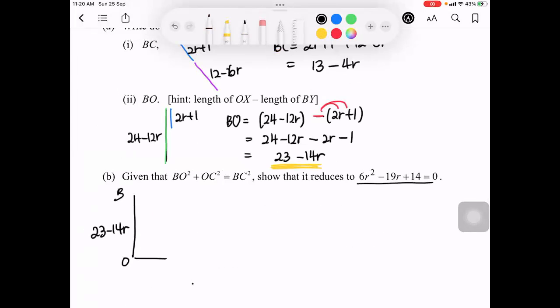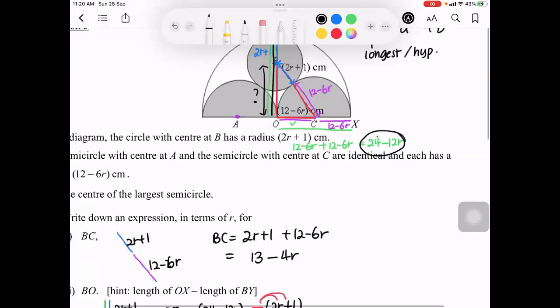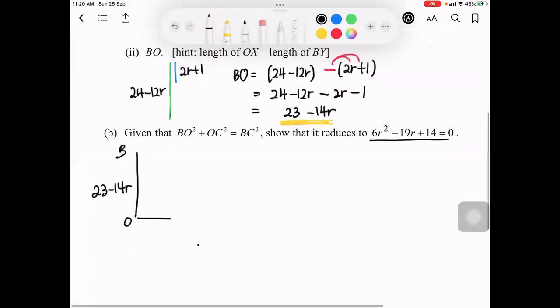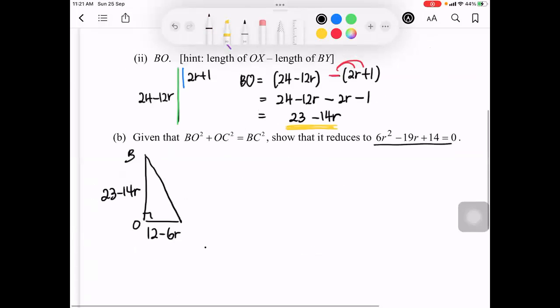Luckily, never do the wrong one. Then the small one, purple color, OC is 12 minus 6r. Then the hypotenuse, this one we found, BC is 13 minus 4r.